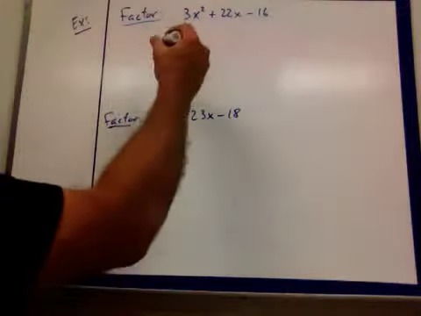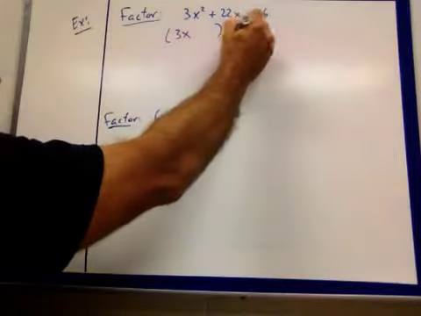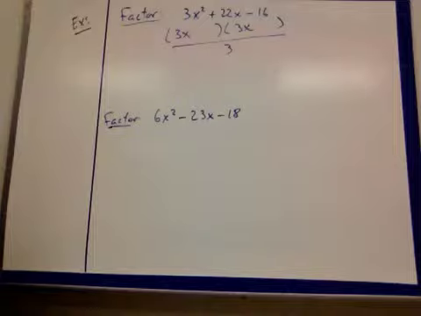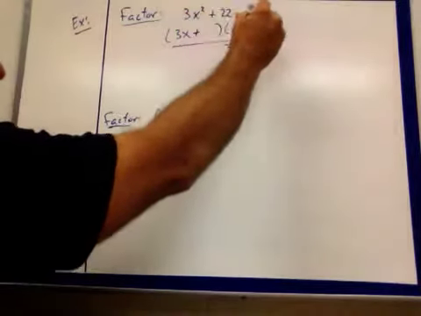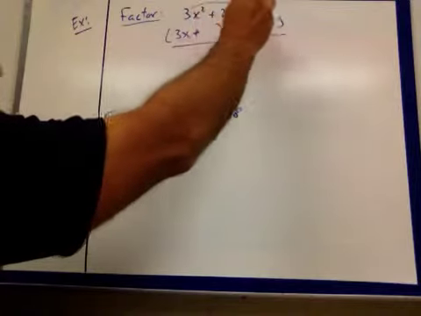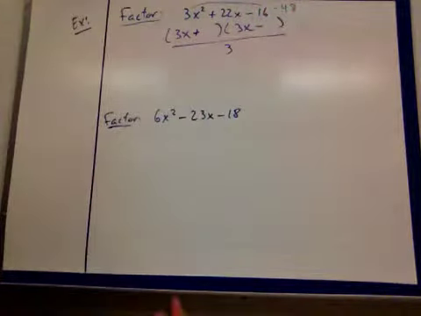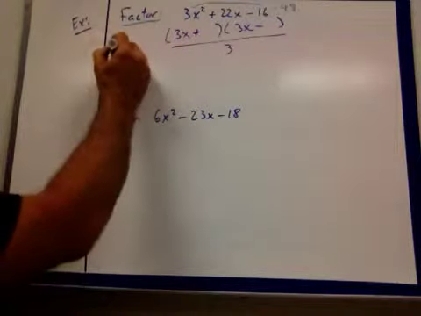So, my a is 3 right here, so I'm going to split it up. 3x, 3x, all over 3. Plus minus, so I'm going to get a plus minus in here. I'm going to multiply these two right here. That gives me a negative 48. So what times what is 48, but we'll subtract to give me 22?